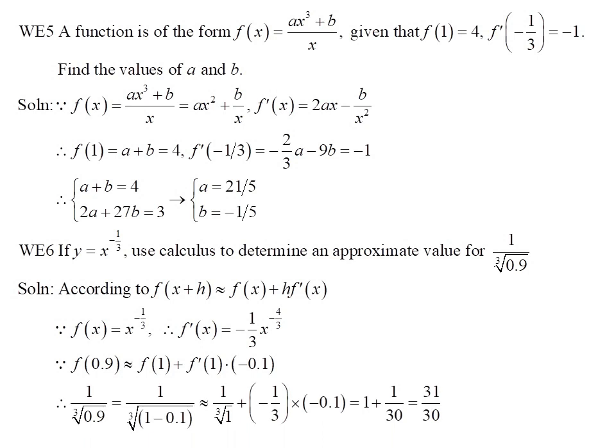After substituting the values of f of 1 and f prime of 1, the reciprocal of 0.9 to the power of 1/3 approximately equals 1 over 1 to the power of 1/3 plus negative 1/3 times negative 0.1, which equals 31 over 30.